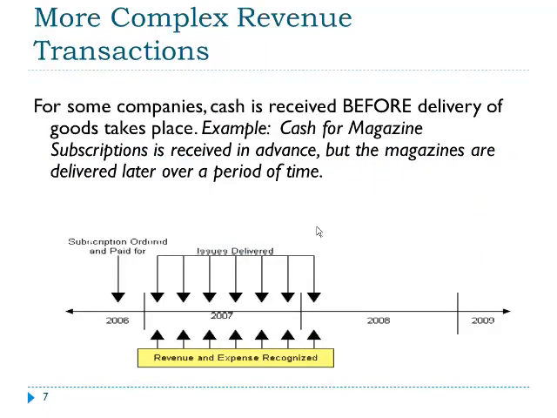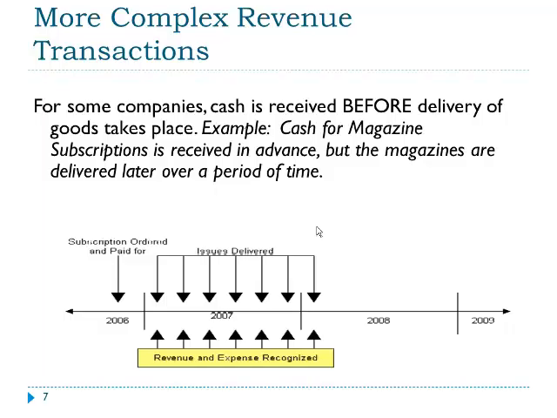When we have more complex revenue transactions, we can apply these same accrual principles in different ways. So we might have an instance where we are going to be providing a series of products to customers and we ask them to prepay. That's what's recognized here.